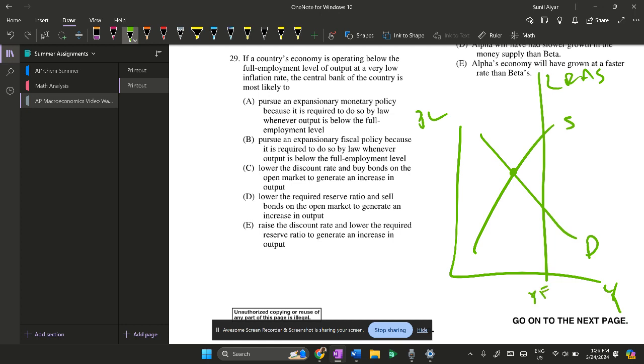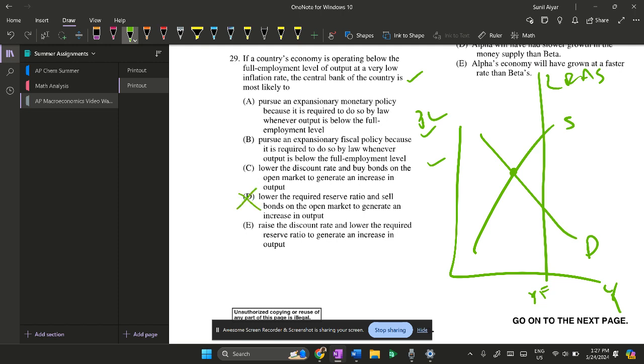We can label this YF as well. Okay. So it's operating below the full employment level of output at a very low inflation rate. Central bank of the country is most likely to, okay, obviously it's going to be expansionary. So this is expansionary.